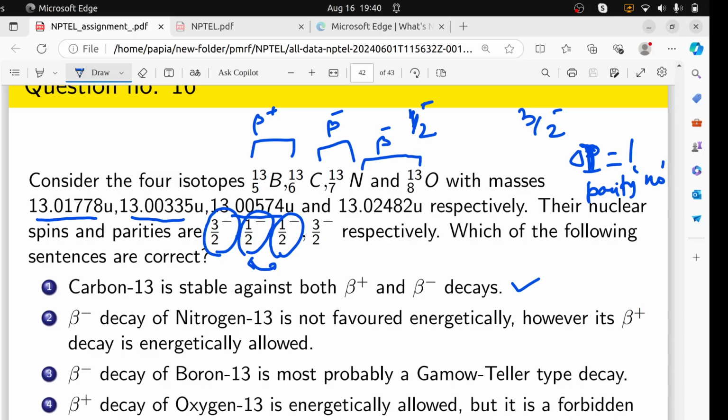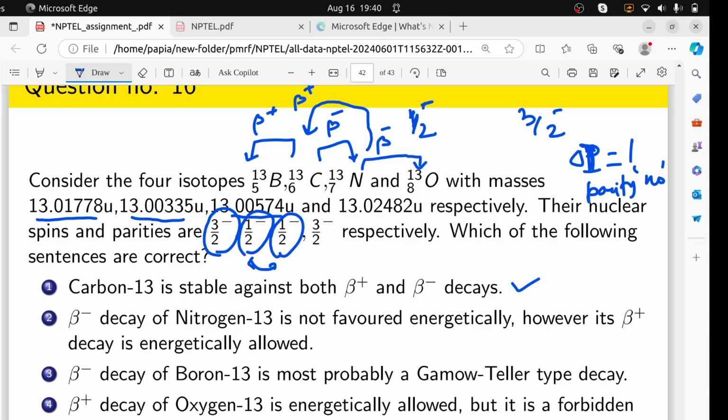Let's say beta plus. Beta plus means nitrogen can go to carbon. That is beta plus. Let me write here like that. Yes. Nitrogen can go to carbon. Now see the energy. Nitrogen has mass 13.00574.